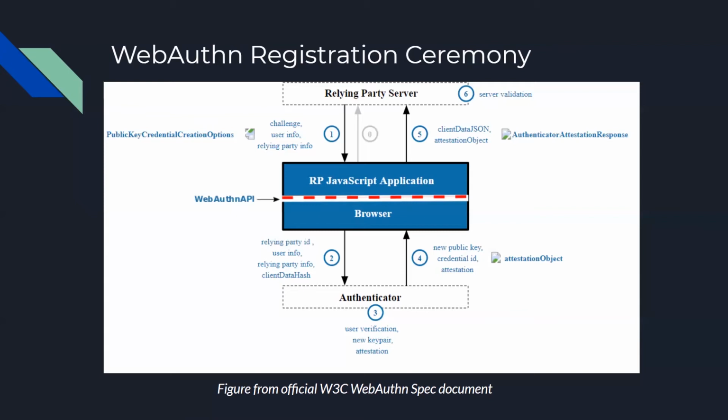Now this challenge is usually a cryptographically secure pseudo random generated number of bytes. Any OS level implementation can generate these bytes for you, and the server will also respond with what all public key algorithms it supports. And there are other parameters also which are too in depth for this presentation, but they're there as part of the spec.